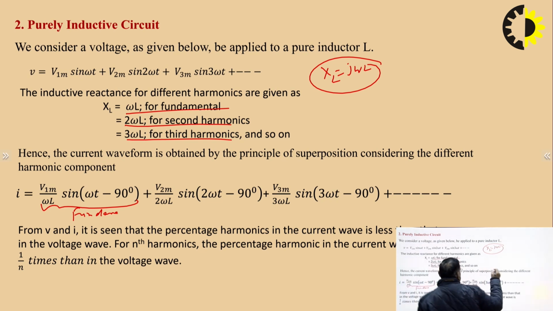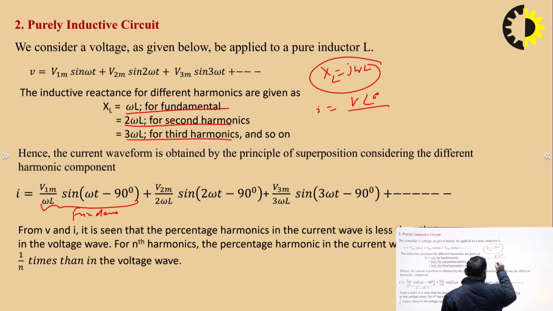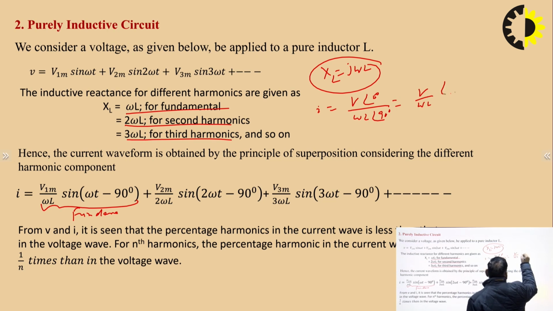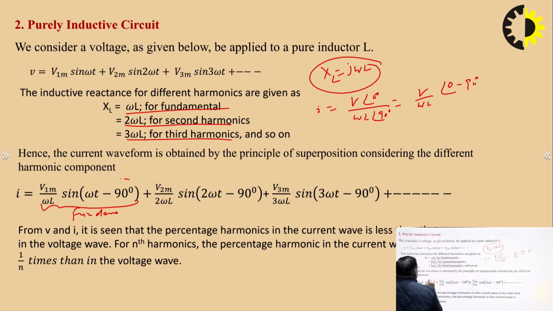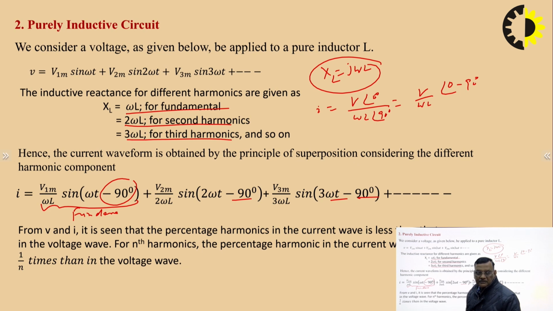Suppose I is equal to V angle 0 degrees upon j omega L, that is omega L n into 90 degrees. So V upon omega L n will be the magnitude of the current, and the angle will be 0 minus 90 degrees. That is why minus 90 degrees comes in each term.